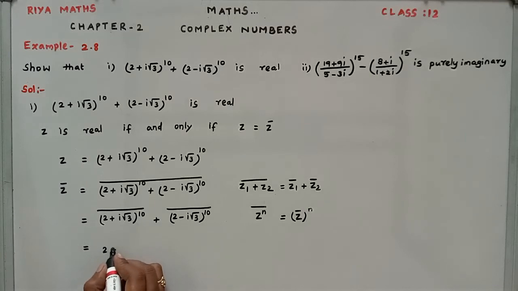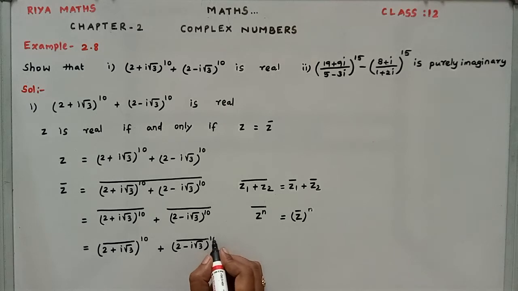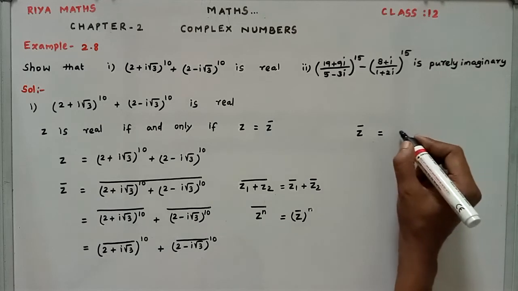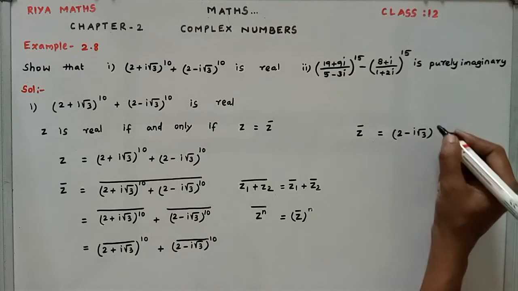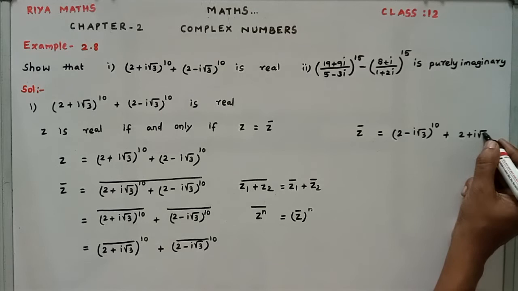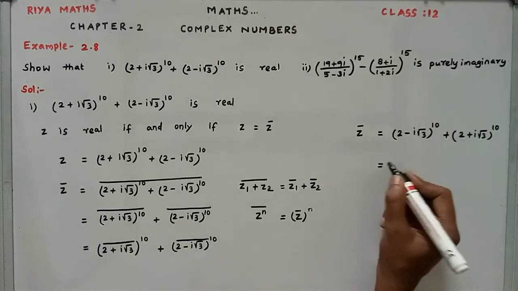So we can write (2 + i√3) bar to the power 10 plus (2 − i√3) bar to the power 10, which is equal to, the conjugates, (2 − i√3)^10 + (2 + i√3)^10. So just compare with the question.